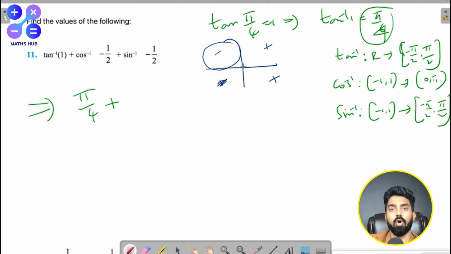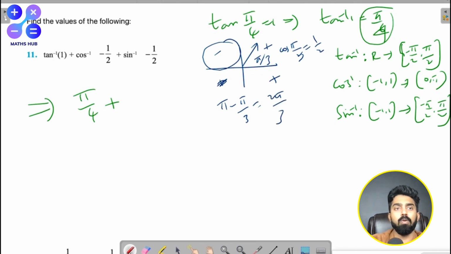So we know that cos of pi by 3, cos 60, is half. And we have learned before that if you want to find the reverse of cos, you find the opposite. So if you want to find the negative half, you need to find pi minus pi by 3, which is 2 pi by 3. So this will be 2 pi by 3, and it will give you minus half.